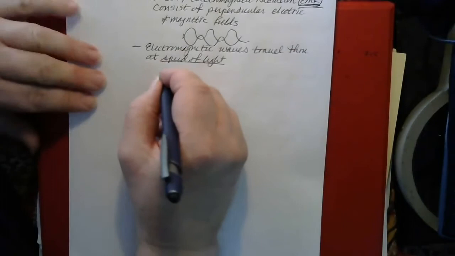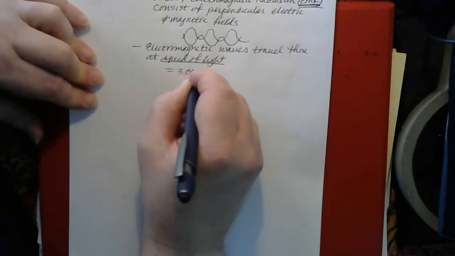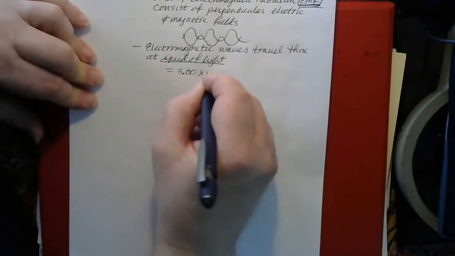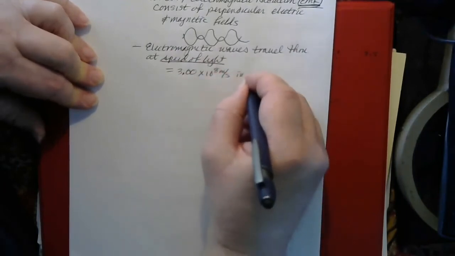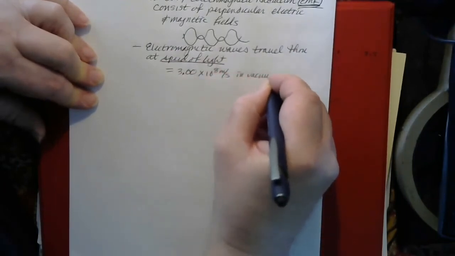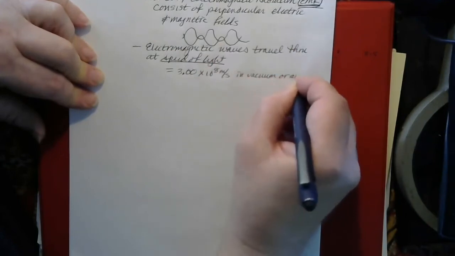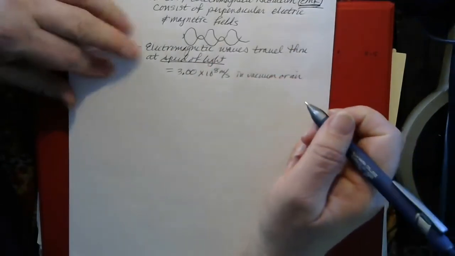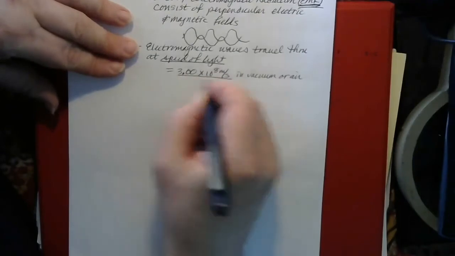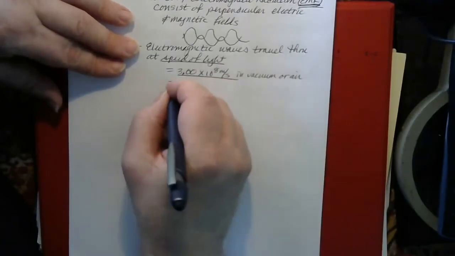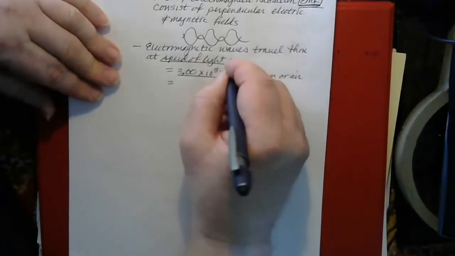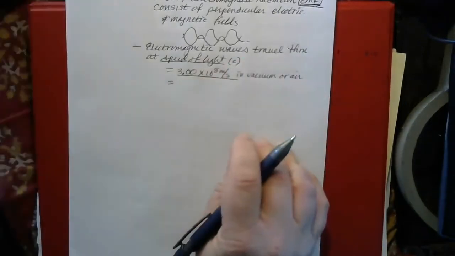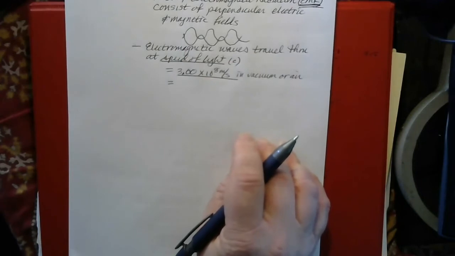And that equals 3 times 10 to the 8th meters per second in vacuum or air. So this is a well-known number. You can look it up. It's in all the standard tables for constants in chemistry and physics.